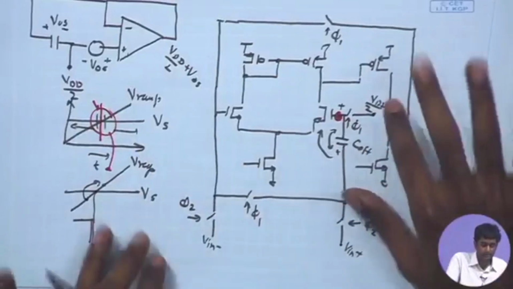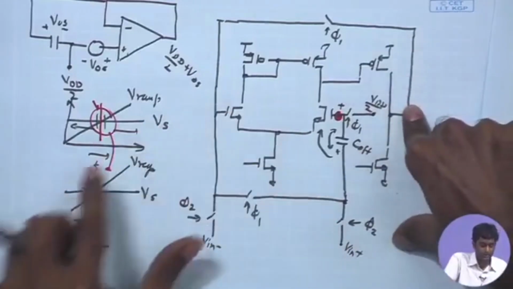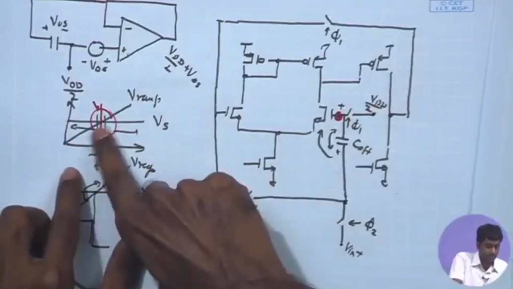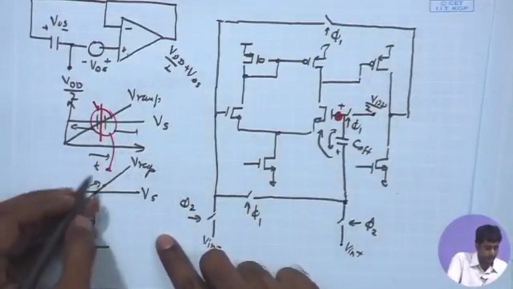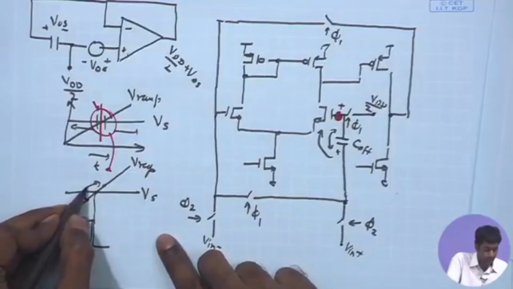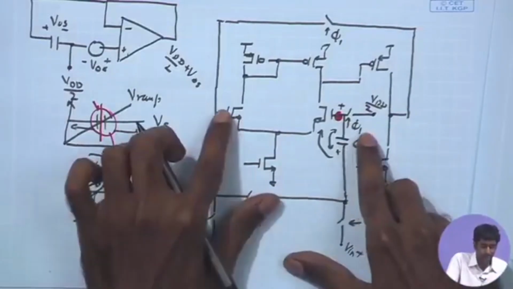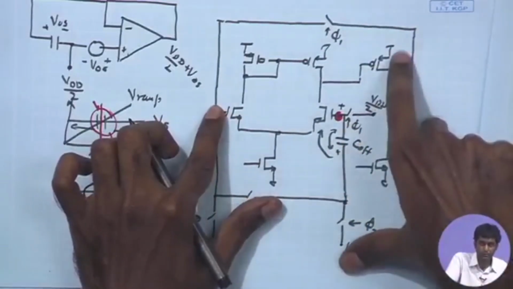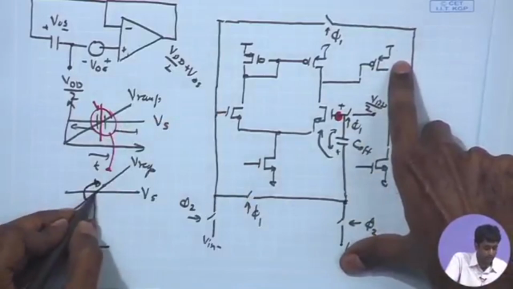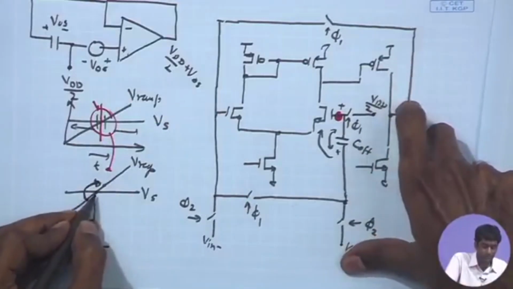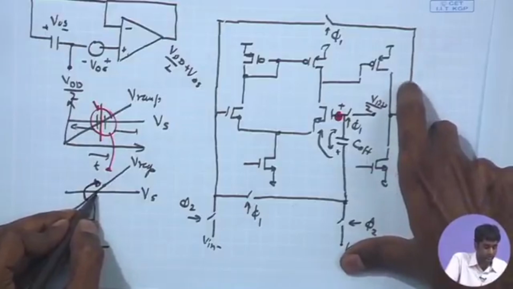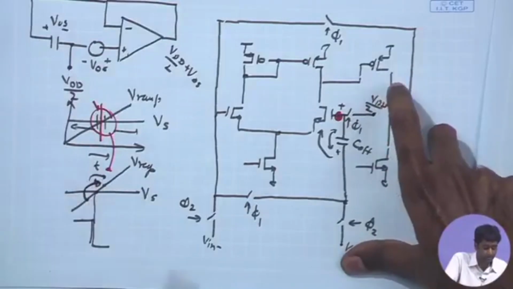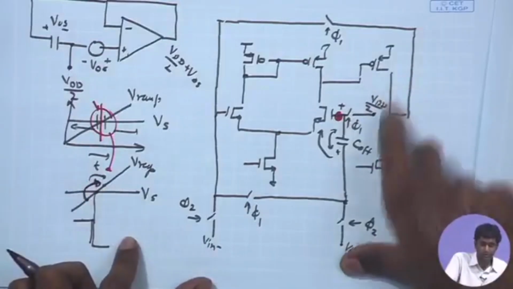In that case, when the signal approaches over here, it will take longer time, and unless Vref becomes sufficiently larger than Vs, it will not be able to pull the output down, because to begin with the output was very close to VDD, and even when these two became almost similar, the output remained close to VDD. So, unless the Vref progresses sufficiently beyond Vs, it will not be able to pull it down.